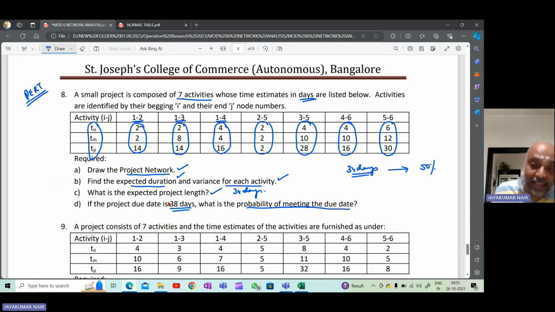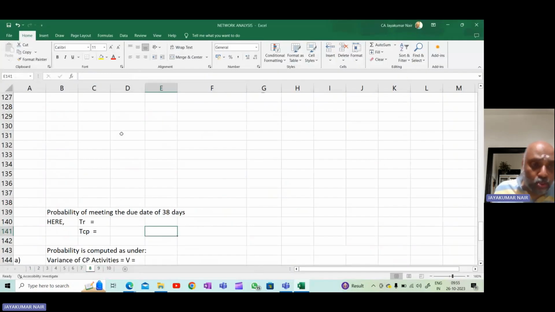So 50% is at the expected duration. Now they are asking you what is the probability of you completing the project within 38 days. So for this, what to do? First one, we will write here.